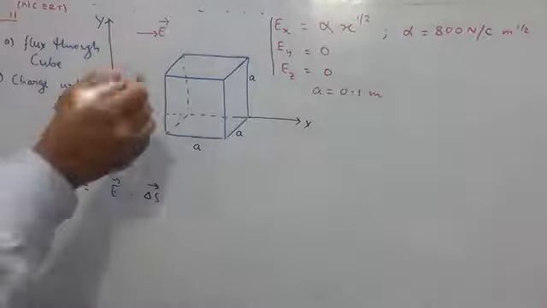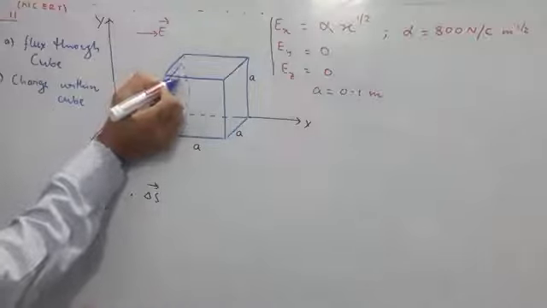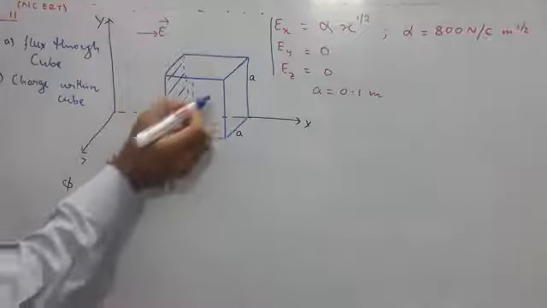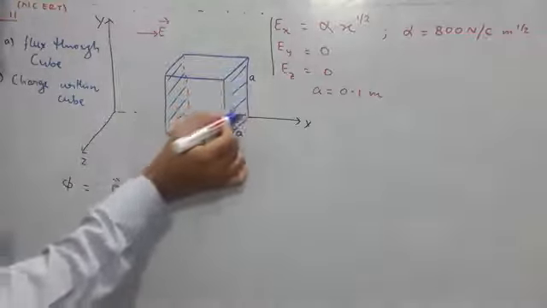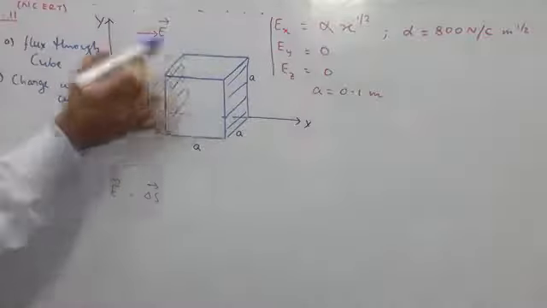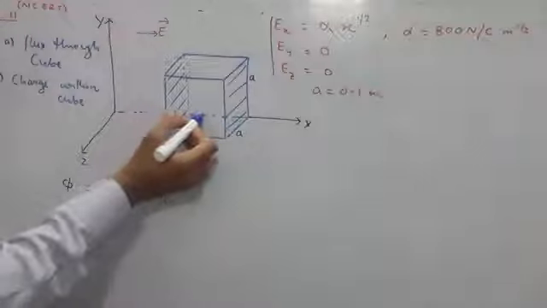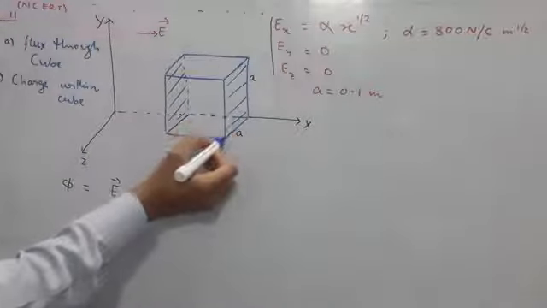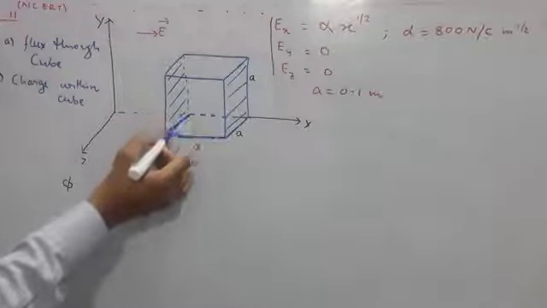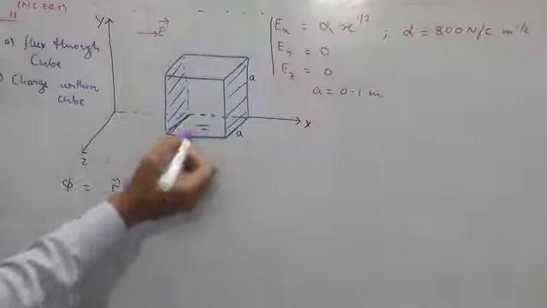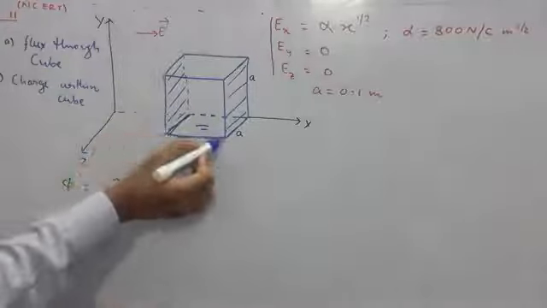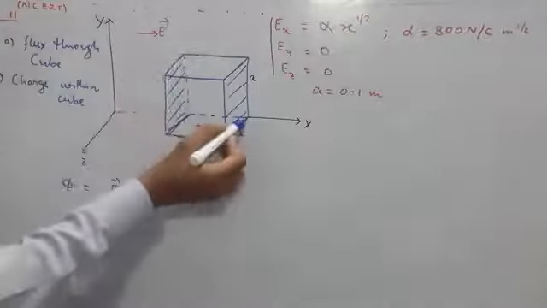To make it more clear, and this is the opposite face. This is the top one, this is the bottom one, this one, this one, this is the bottom one, then this is the front one, and this one is the back one.